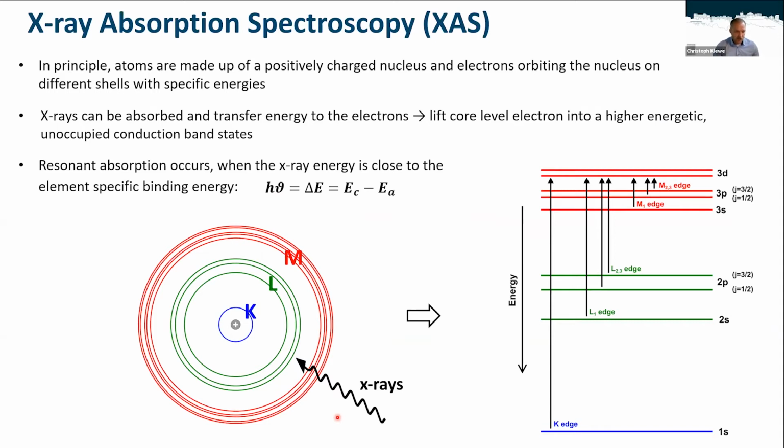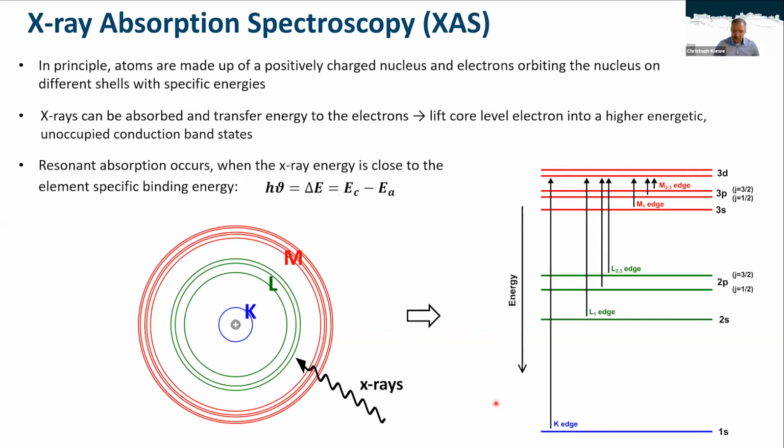And now resonant absorption occurs when the X-ray energy is close to a so-called absorption edge, which basically corresponds to the specific energy to lift a core level electron into an unoccupied higher energetic conduction band state. So a process that is kind of sketched here with these different energy levels.